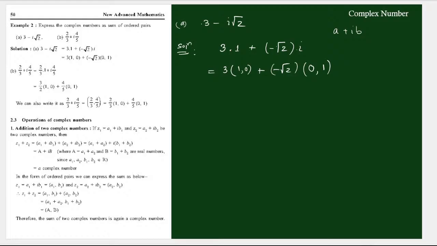If you have anything to ask, you type in the comment section. Okay. Did you understand up to this much? Any confusion?